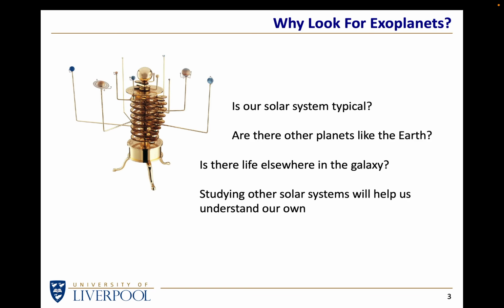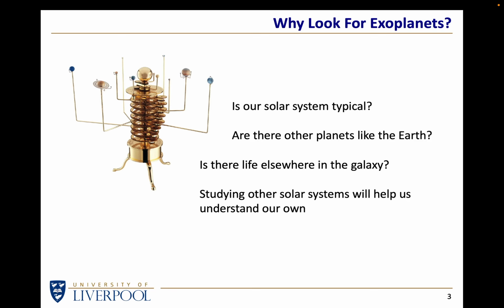So one of the reasons for looking for exoplanets is to try and address the question, do we believe our solar system is typical? We've been studying our own solar system for quite a while. We know about the planets, the minor planets, the comets, the asteroids, etc. But would we expect the structure or the composition of our solar system to be reflected in other solar systems that are out there?